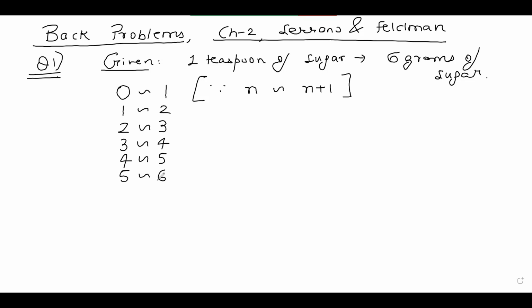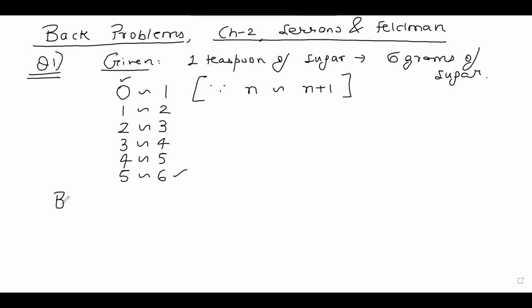If I am indifferent between 0 and 1 gram, 1 and 2, 2 and 3, 3 and 4, 4 and 5, 5 and 6, by transitivity I should be indifferent between 0 and 6 grams also.